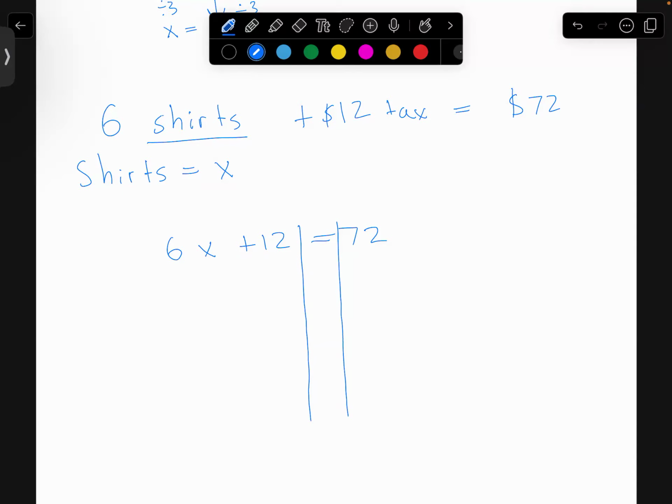Did they get an answer for x? Yeah, they got the answer. And what did they get? Some of them got 10, but some did addition instead of subtracting 12, they added 12 to 72.